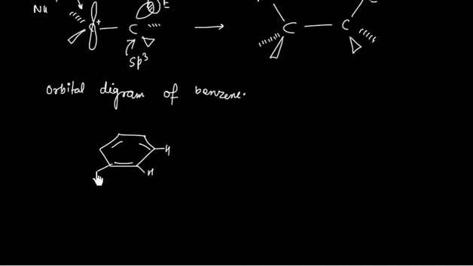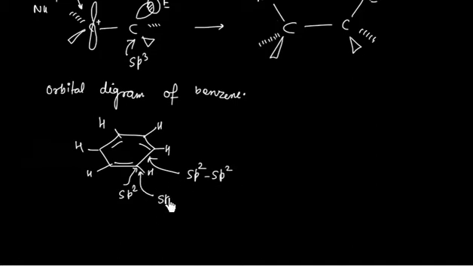Each carbon is sp2 hybridized. This overlap is sp2 overlap. This carbon-hydrogen overlap is sp2 from carbon and s from hydrogen. So this is sp2-s overlap.